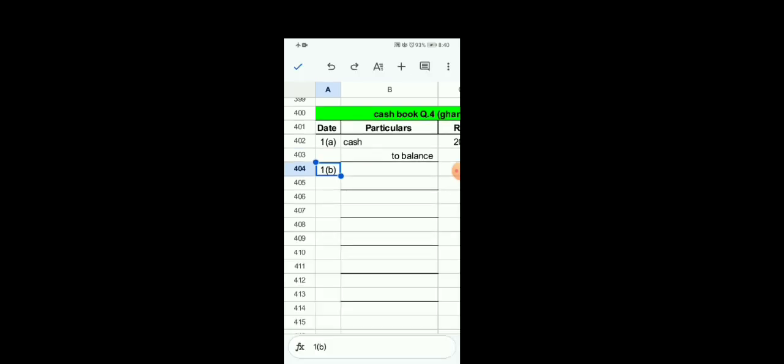So you will do 1A, and for the second part of the first date you may write 1B, just to distinguish it from the first part. The first half we have done, cash in hand, and the second half is saying bank balance overdrawn, balance overdrawn at bank.